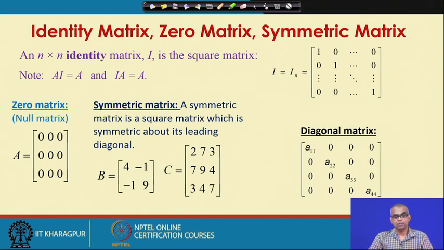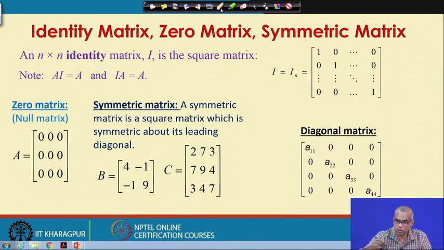Let us now define certain common matrices such as identity matrix, zero matrix, symmetric matrix, etc. An n by n identity matrix is a square matrix as shown, where all the elements in the principal diagonal are unity.